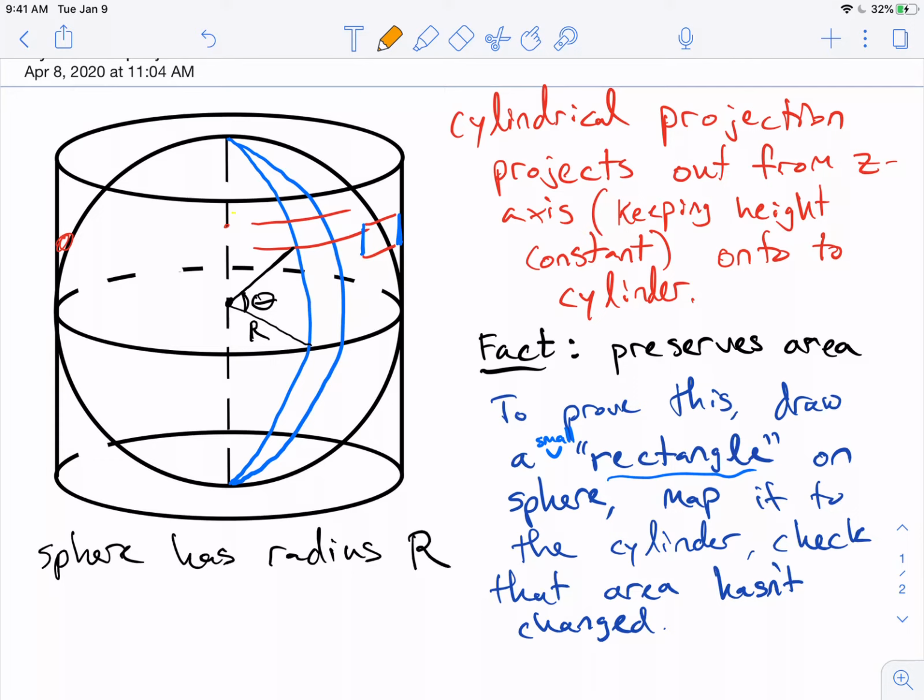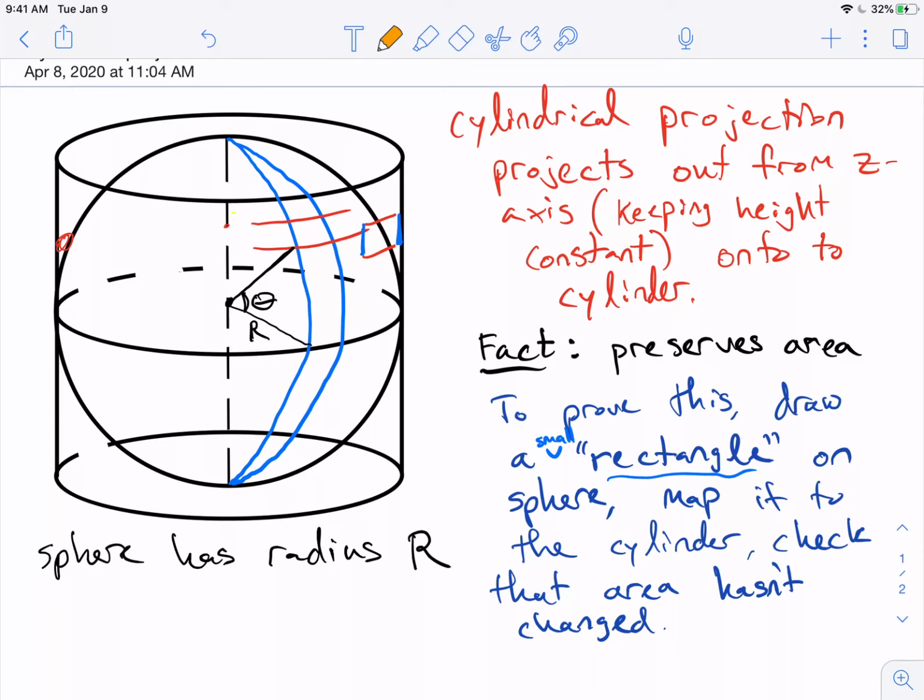Now, as you might imagine, this picture is getting kind of complicated, so we can simplify our lives by looking at different cross sections of this picture piece by piece. And as you might imagine, if you want to study what happens to the blue sides of the rectangle, then a vertical cross section is going to be the most useful.